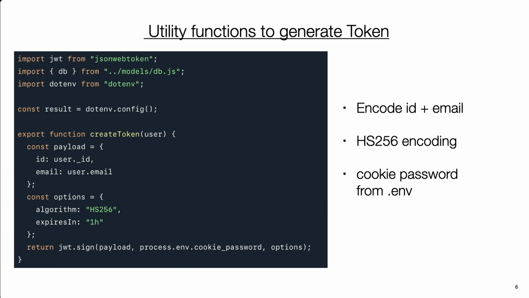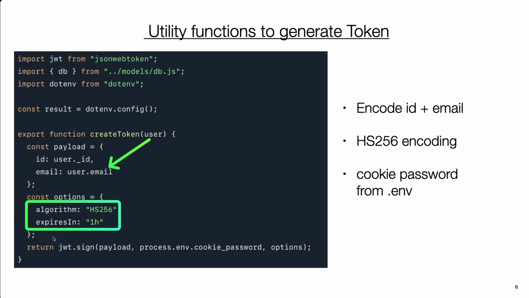So this is a function we write, and the function will take a user object, so somebody in the database. We'll extract from the user object their ID and email, put that into a token, and sign it up here. So you can see we're getting the user ID here, putting it into this payload. We're also establishing the algorithm we're going to use and an expiry of 1 hour.